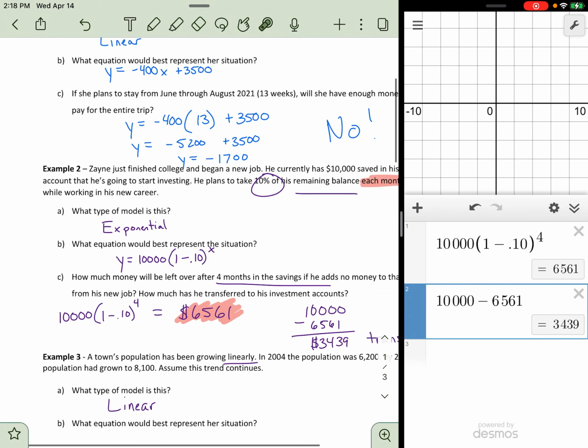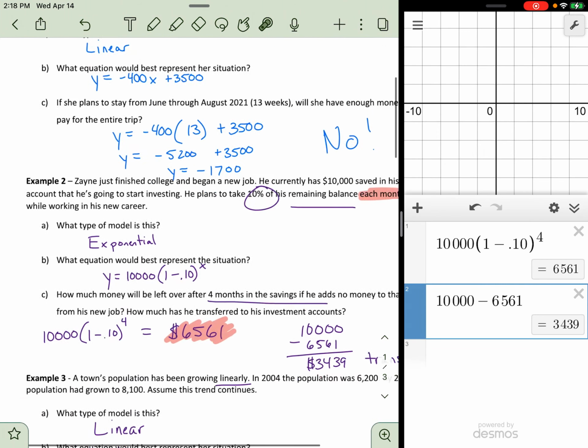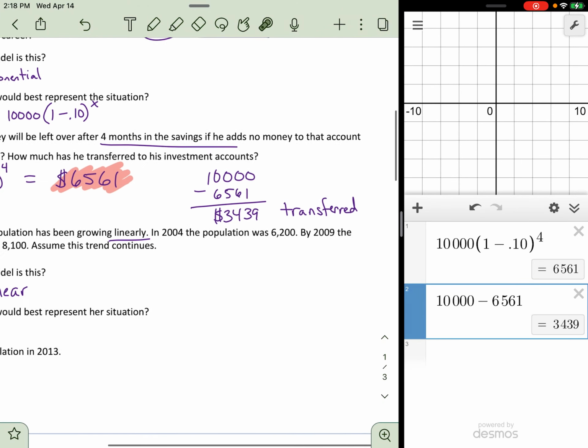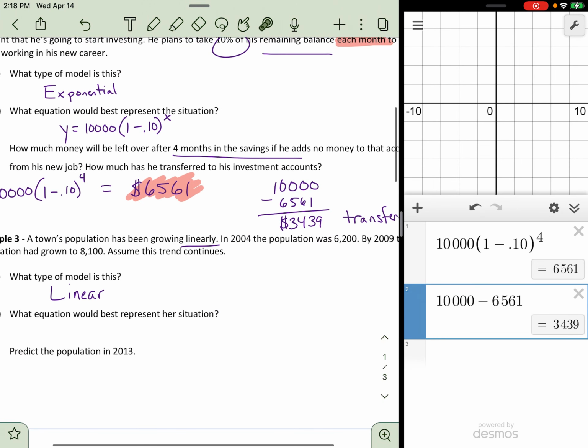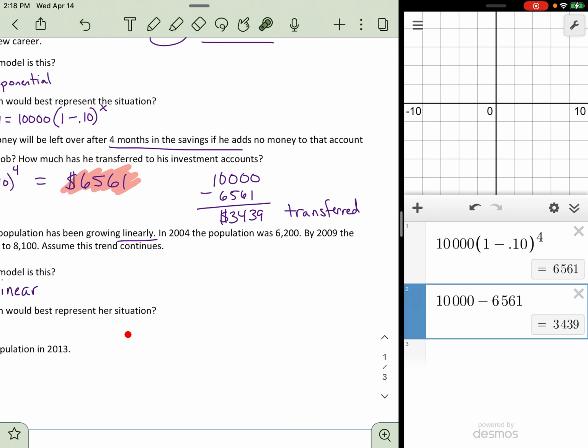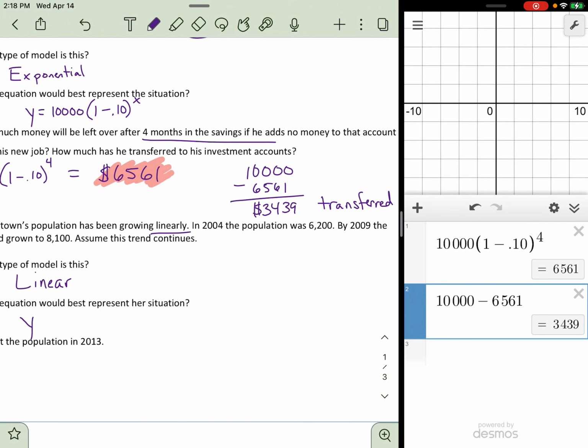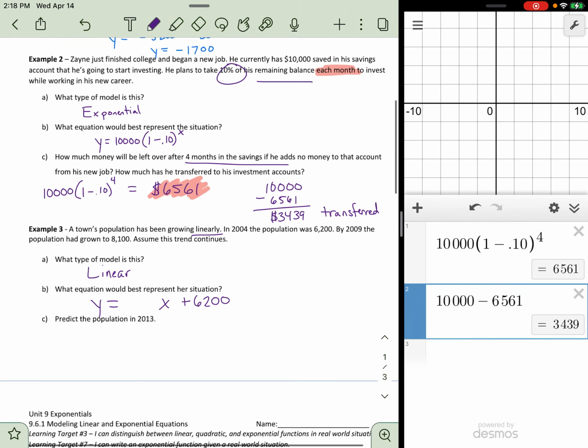Remember up here, we had the slope of how much it changed each week. In this case, we do not initially have the slope, right? Even if we count 6,200 as our starting point, we have no rate of change here.